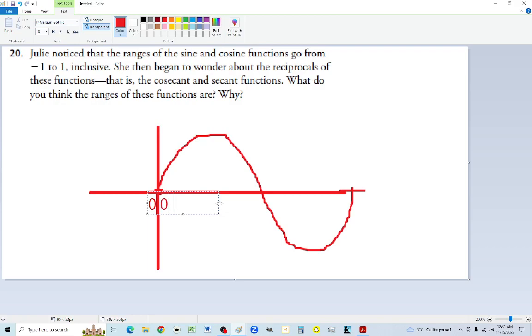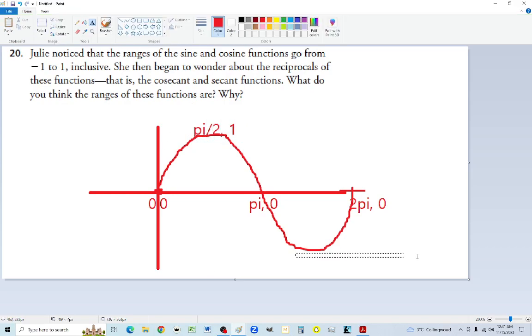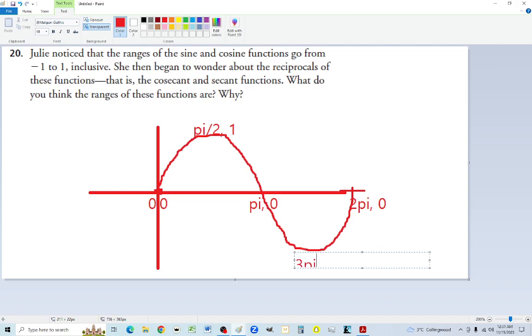And let's do all these spots over here. Pi, 0. And 2 pi, 0. The peak here is 90 degrees, which is pi over 2, 1. The peak here is 3 pi over 2 at -1, like that.